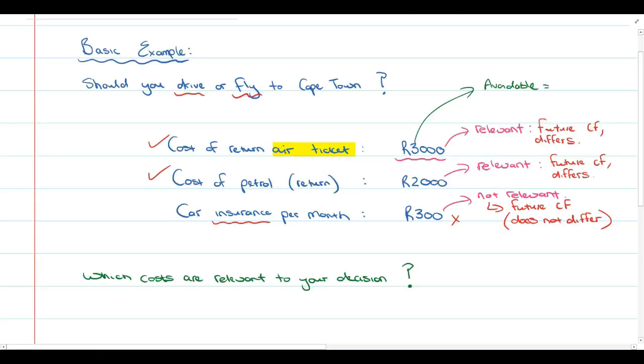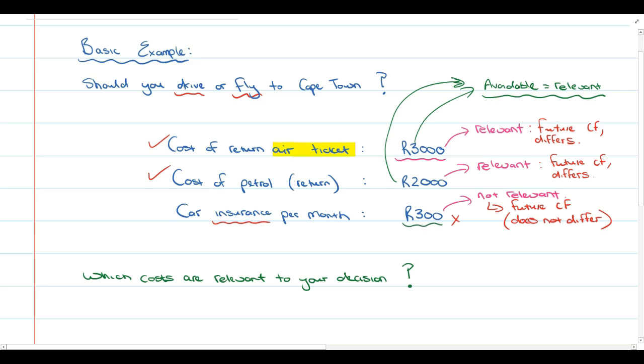Because it's avoidable, it is relevant. Exactly the same thing, guys, for the petrol cost. I can avoid the cost of the petrol because instead of driving, I can fly. And if I fly, I won't incur the petrol cost. So because it's avoidable, it is relevant.